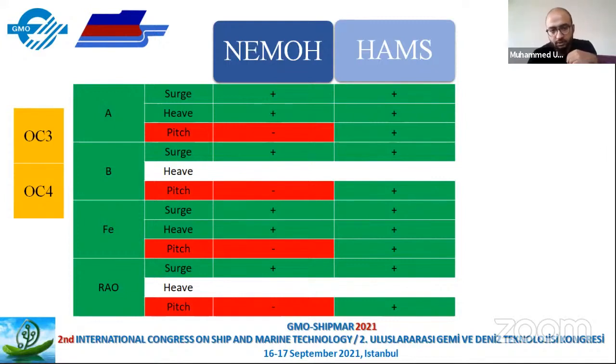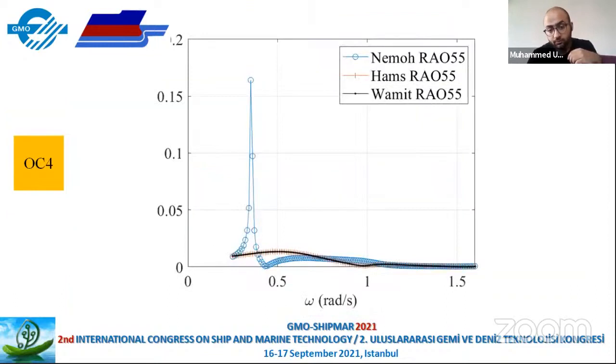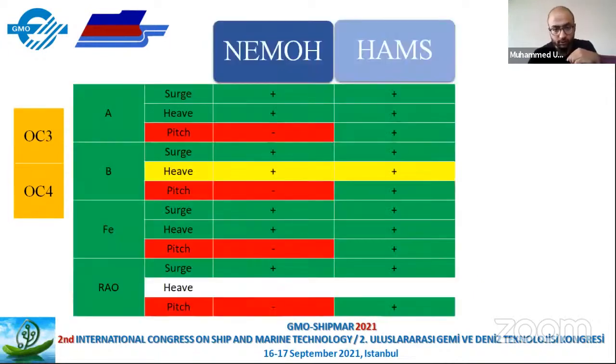The origin of pitch in NEMO is different than HAMS and WAMIT, so that's why the problem arises. But the lack of documentation is leading to this, so this is a negative part for NEMO users. They should be aware of it. And this is the representation of the response amplitude operator in the pitch axis for OC4. As you can see, the result is irrelevant, unacceptable. So this is not a good solution.